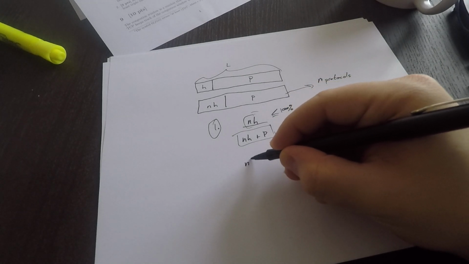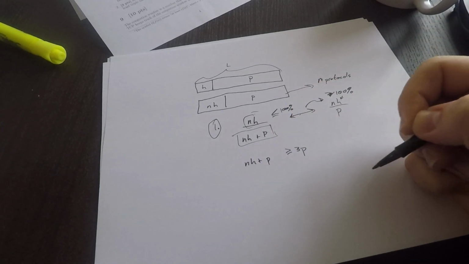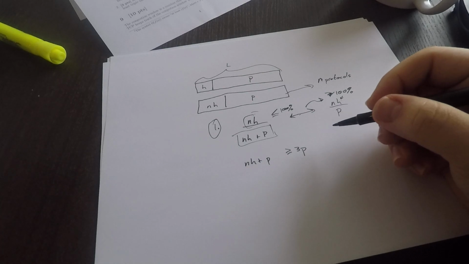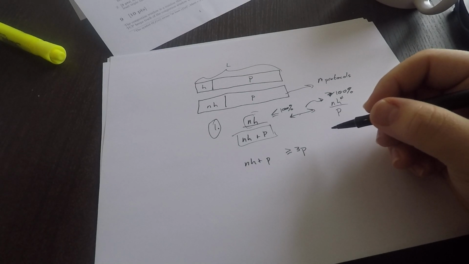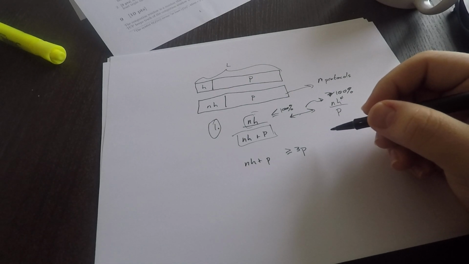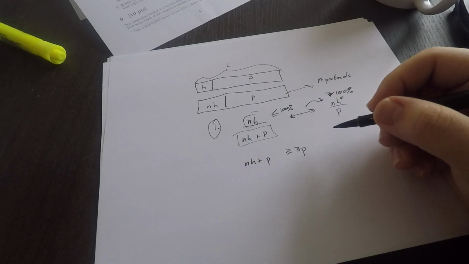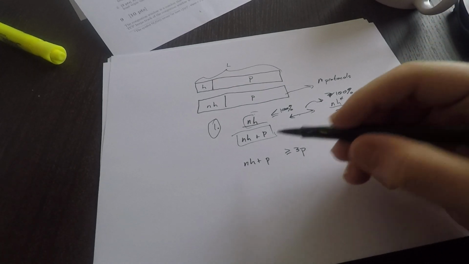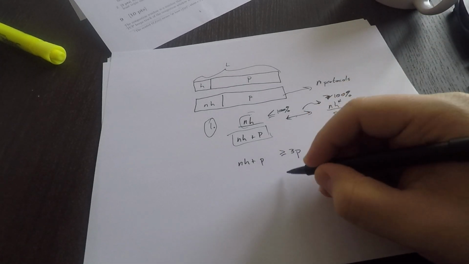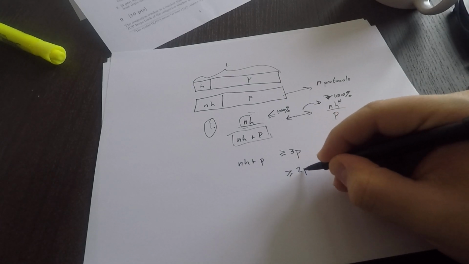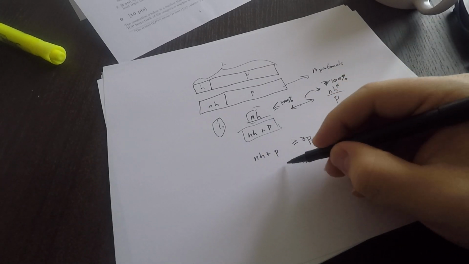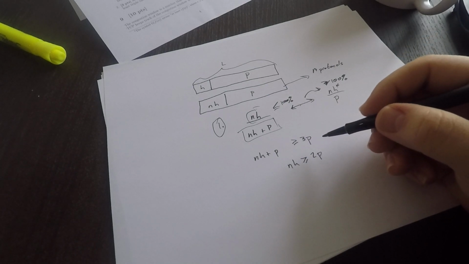So that packet length is NH plus P. So at what point is NH plus P greater than or equal to 3P? Group the like terms. I have 2P here because I subtracted 1P, and then that's NH.